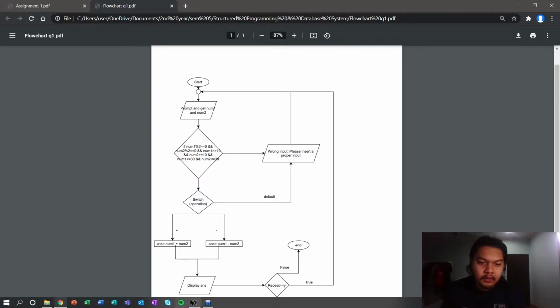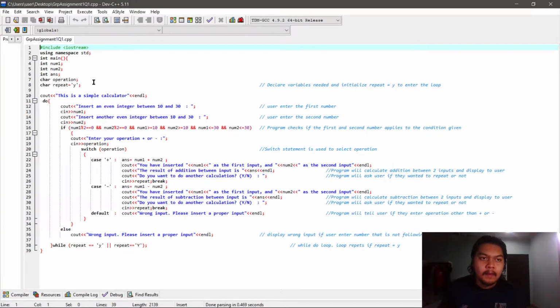So the code is here. First, we declare the variables: integer number 1, integer number 2, integer answer, because we want integers, and char operation and char repeat. We initialize repeat to y to enter the loop.